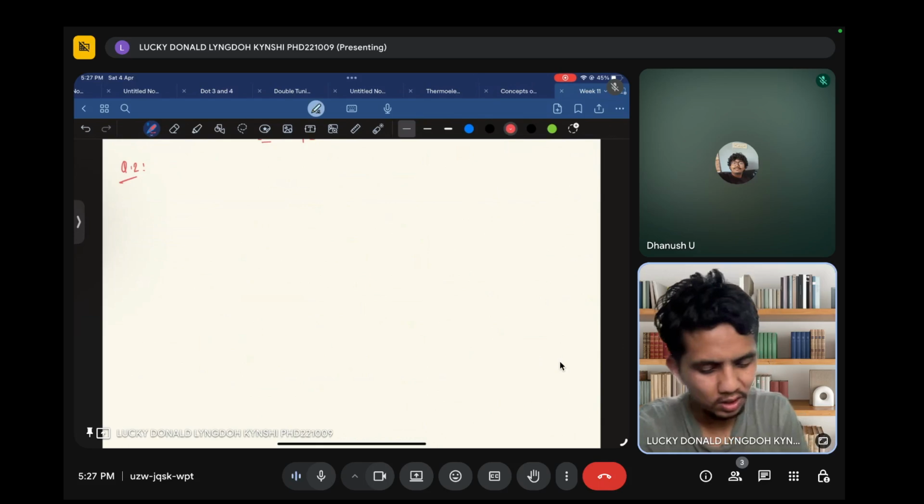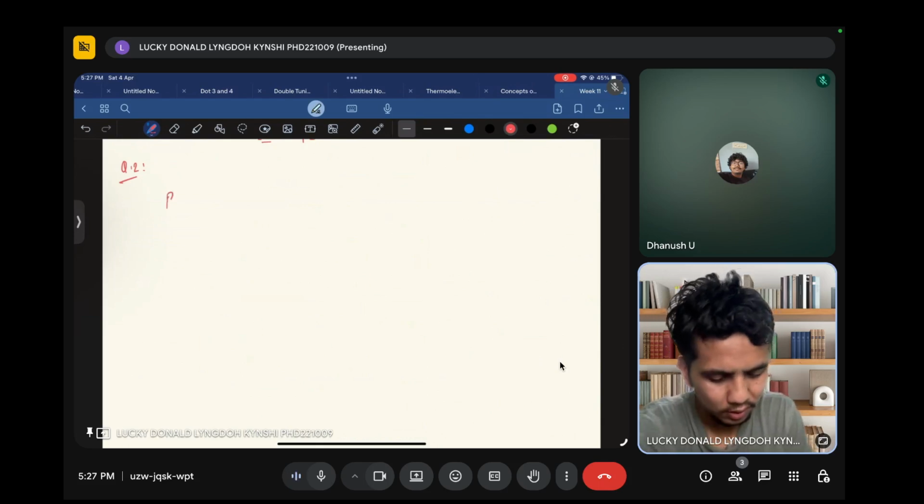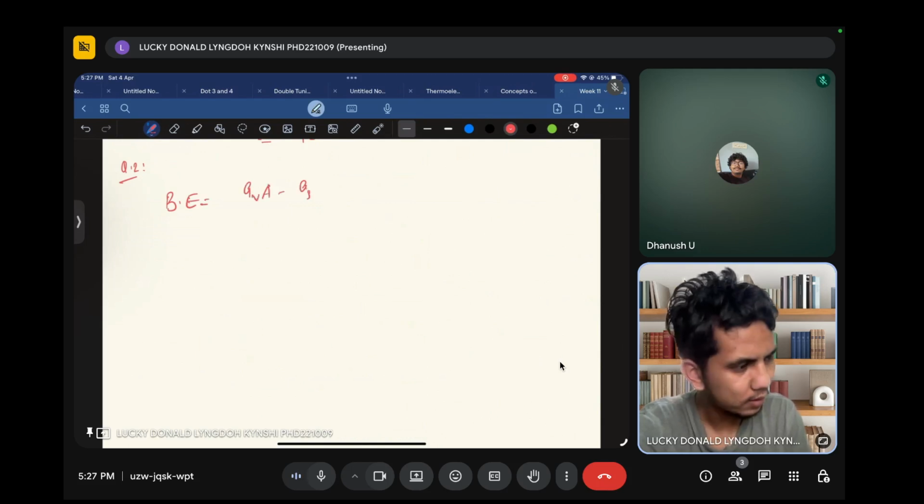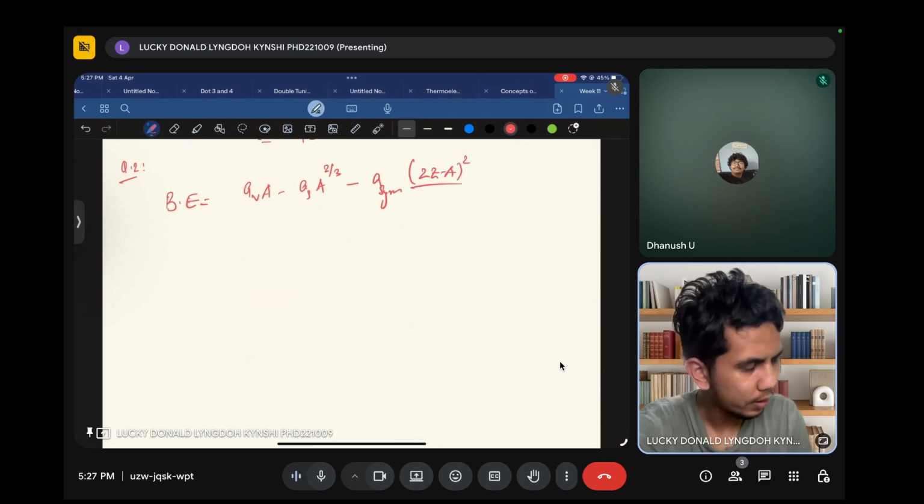And the question number 2 is: consider the binding energy is given to be a_V A minus a_S A to the power 2/3 minus a_sym (A − 2Z)² / A minus a_C Z² / A to the power 1/3.